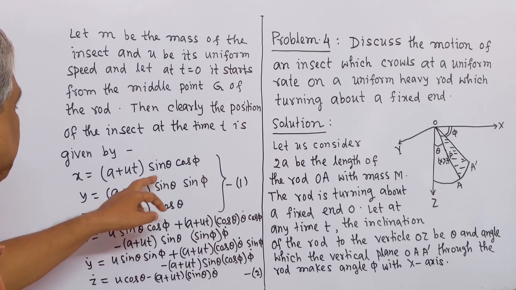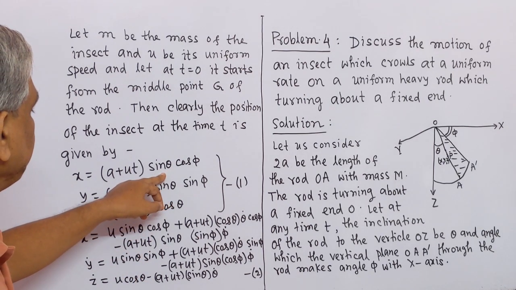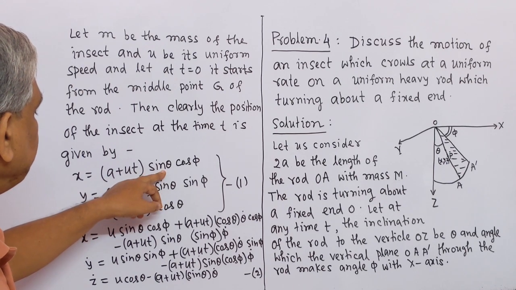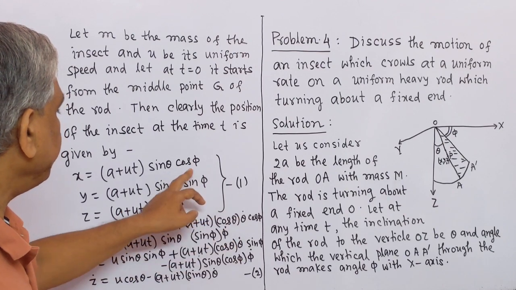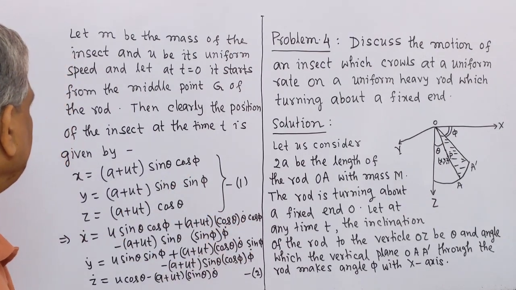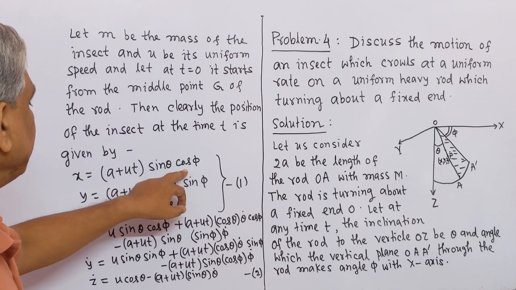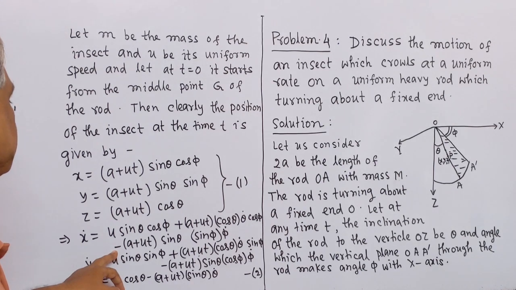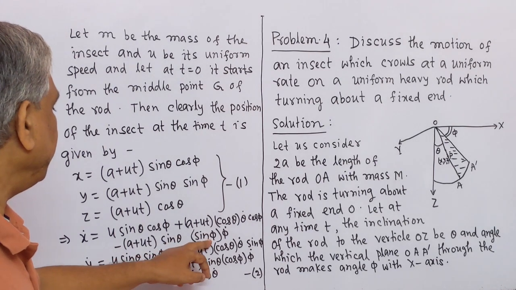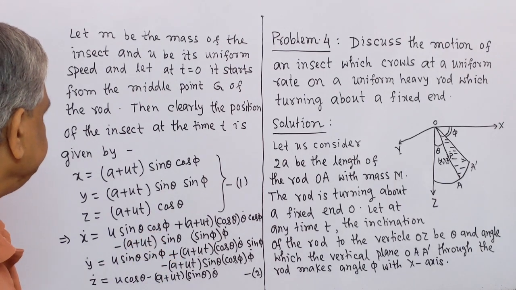Then we differentiate sin theta with respect to t. The differentiation of sin theta is cos theta theta dot, and cos phi remains the same. Then we differentiate cos phi. The differentiation of cos phi is minus sin phi, so here we have written minus sin phi phi dot, and the other terms remain the same.